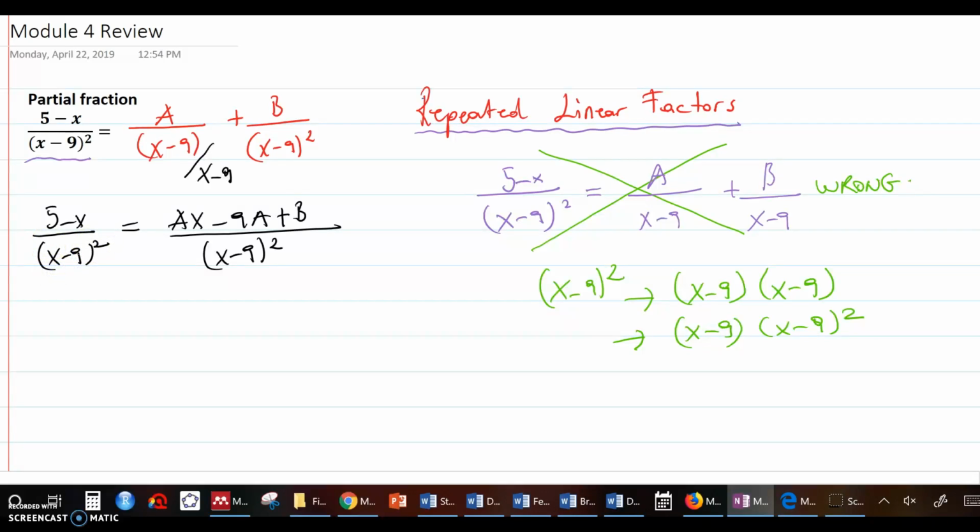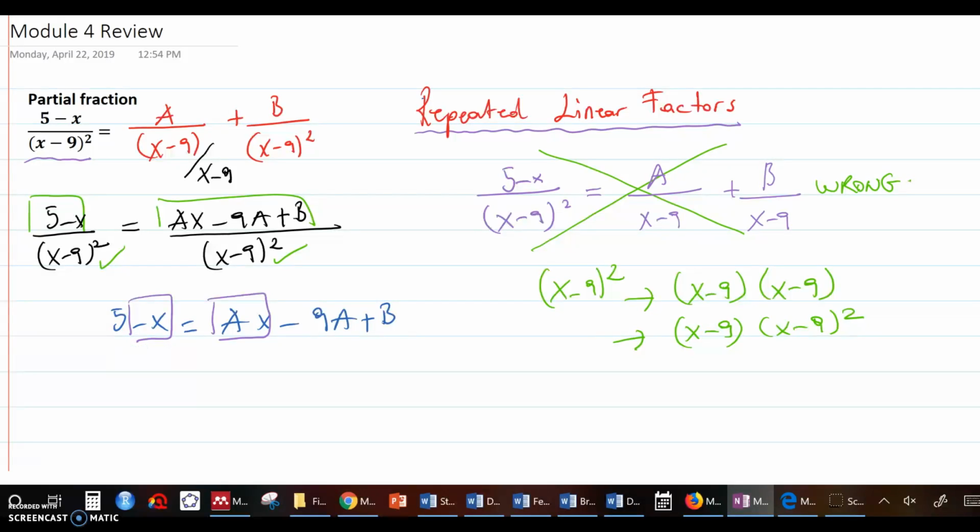If those two expressions are equal and their denominators are equal, their numerators should be equal. So we write down 5 minus x is equal to ax minus 9a plus b. My x term should be equal to the x term there, and my constant term should be equal to the constant term there.